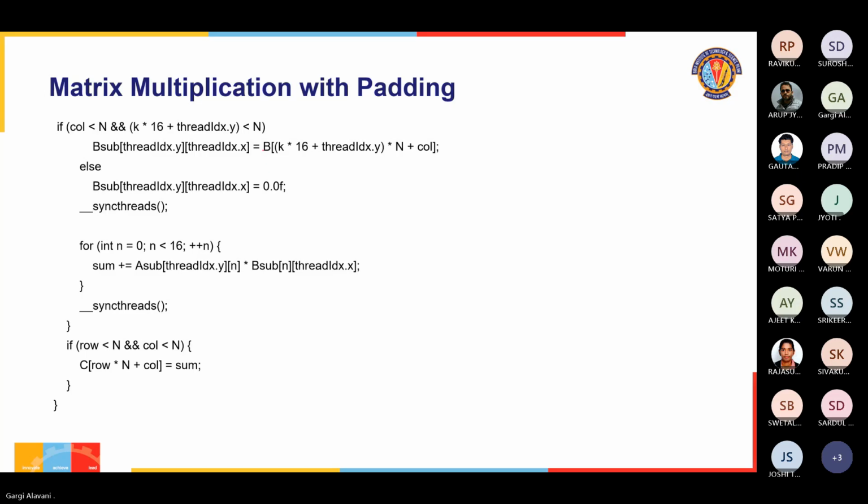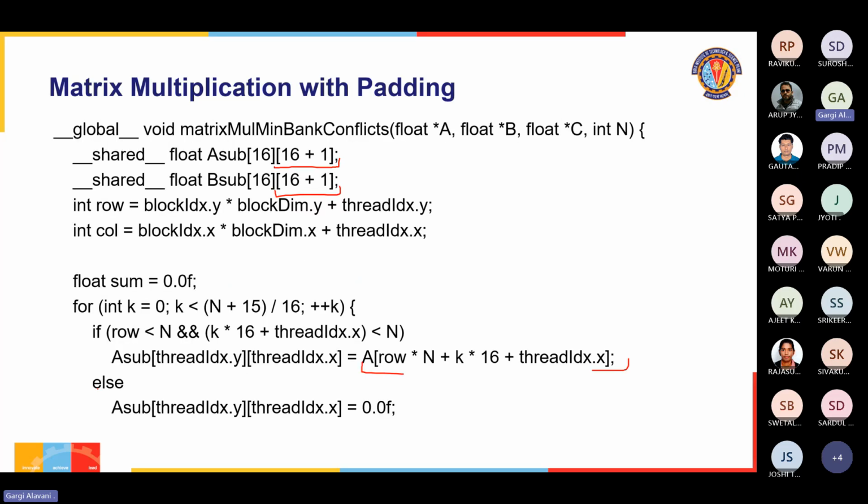Similarly, fetch the data from global memory and store it in your submatrix, which is shared memory. Then you do the computation on your shared memory submatrices, synchronize, and move these shared memory results to your global memory.